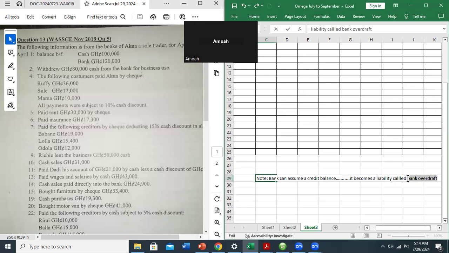Bank overdraft is a credit facility given to current account holders. So let me write it down. You can take notes.